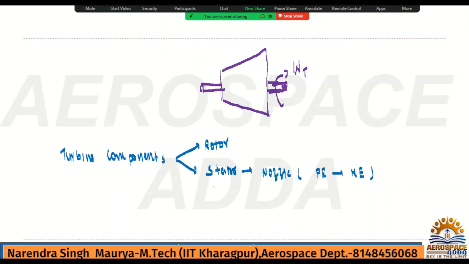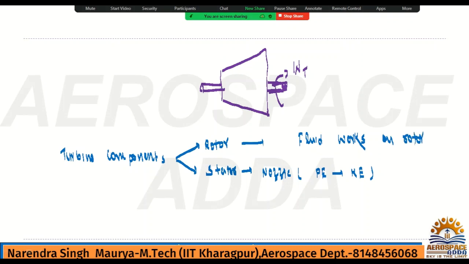So the stator was a diffuser. The diffuser was used to diffuse the flow, meaning kinetic energy was decreasing and pressure energy was rising. That was the thing. So you just check. And the rotor is common in both. Here the fluid will be working on the rotor.